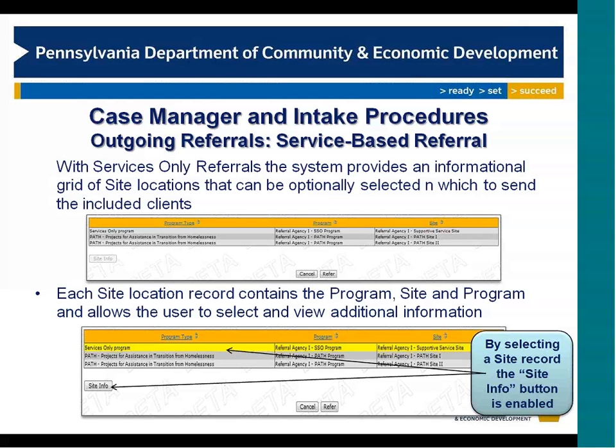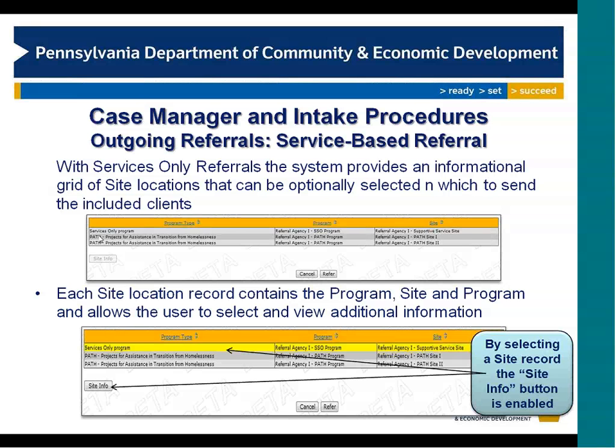Depending on the referral type, the next part of the referral goes a different way. For any referral type of services only, which denotes that it's only a service-based referral and no housing is included, you have the optional ability to select which site to send those included clients.